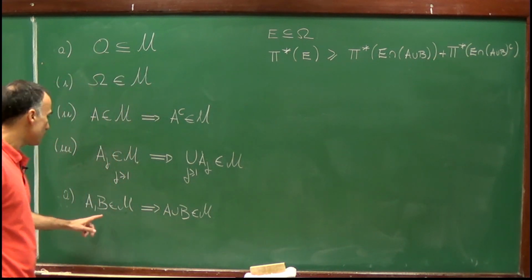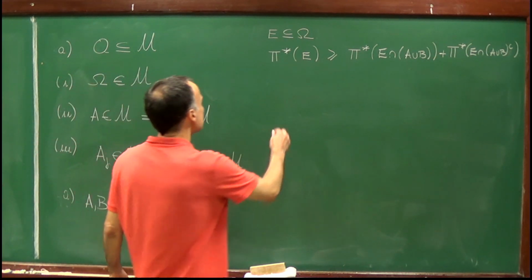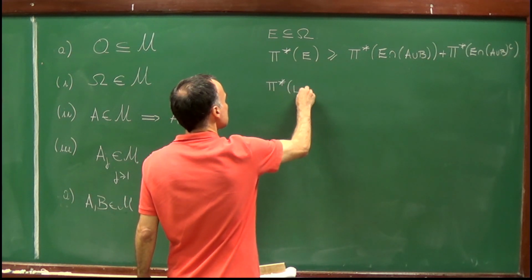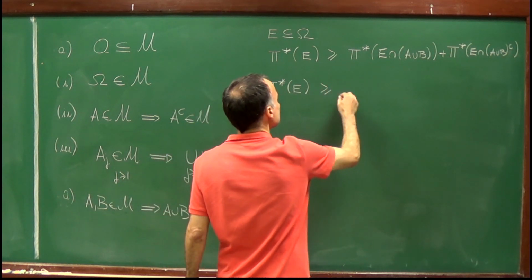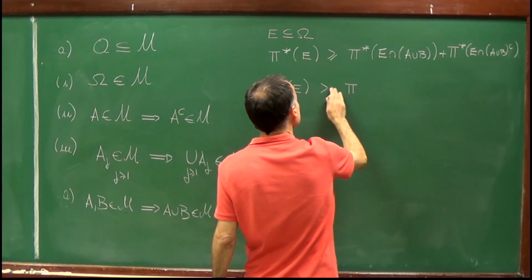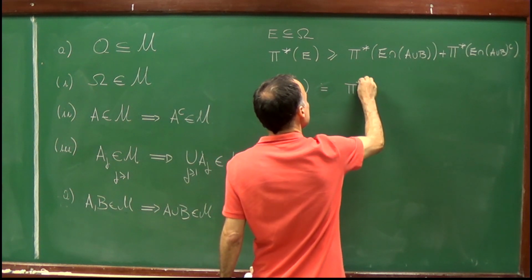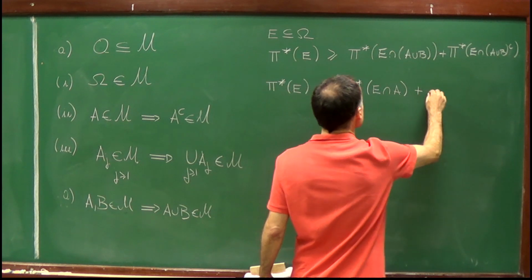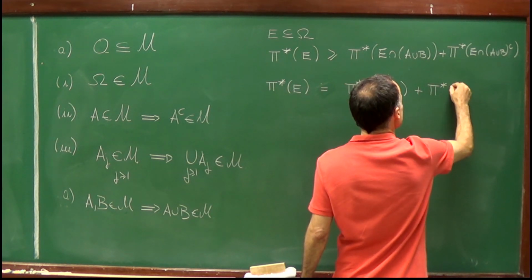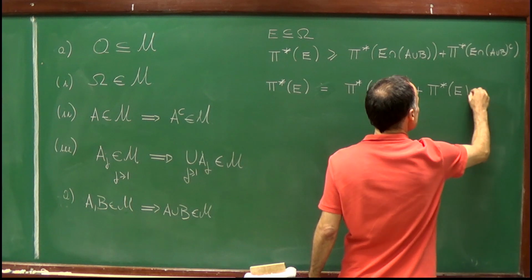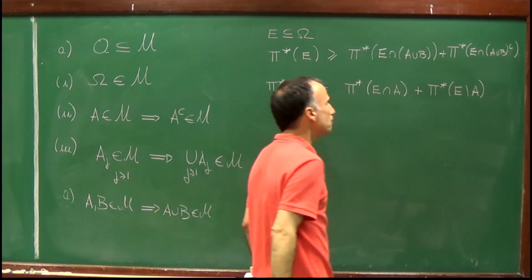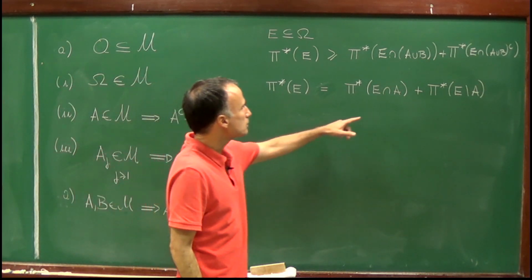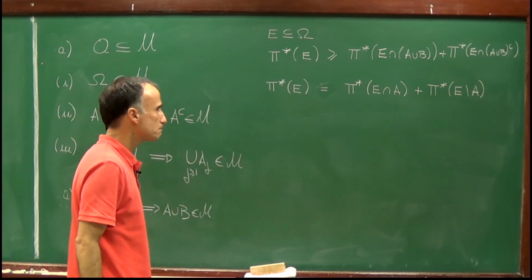But we know that A and B belong to M. So since A belongs to M, we know that P star of E is in fact equal to P star of E intersection A plus P star of E intersection A complement, and I will write that as E minus A. So this identity holds because A is measurable.